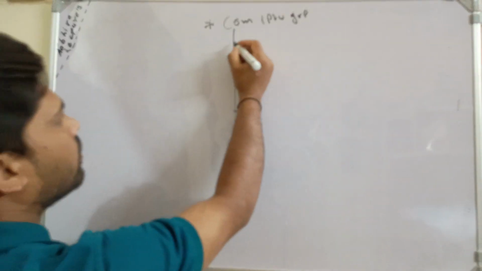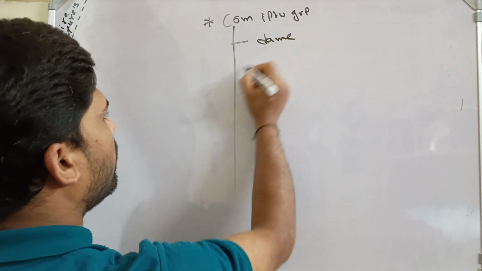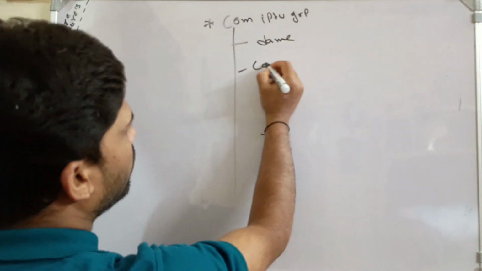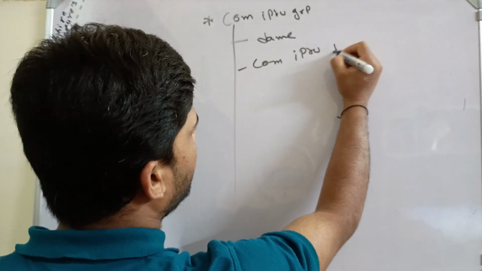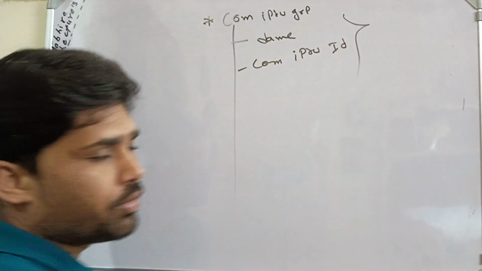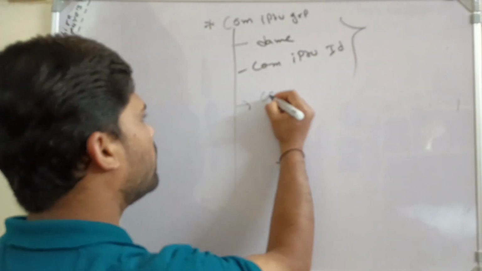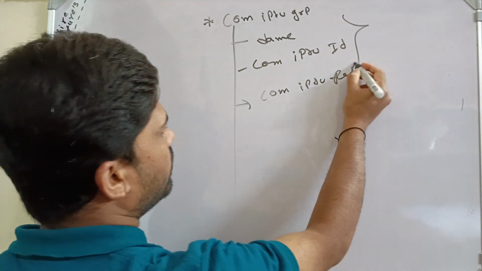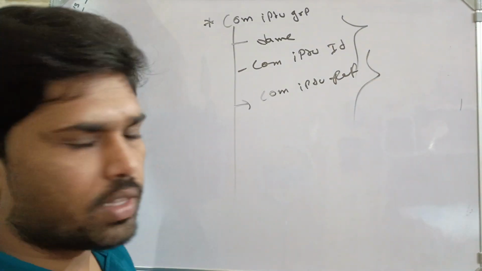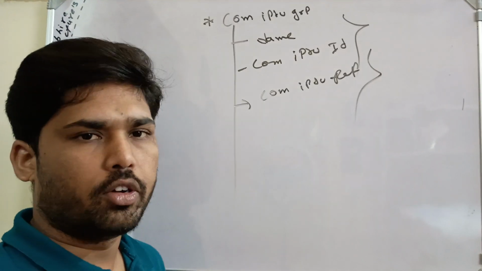So what we have to do: the com ipdu name, and the com ipdu id, these two things we have to configure, and we have to give the com ipdu reference. So these things we have to configure in the ipdu group. I hope you are getting it.